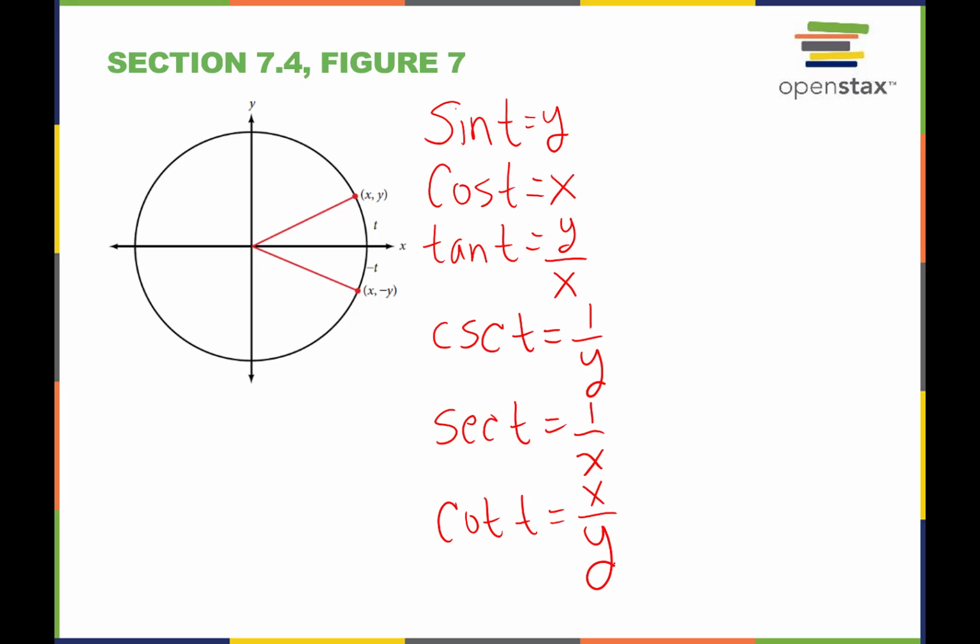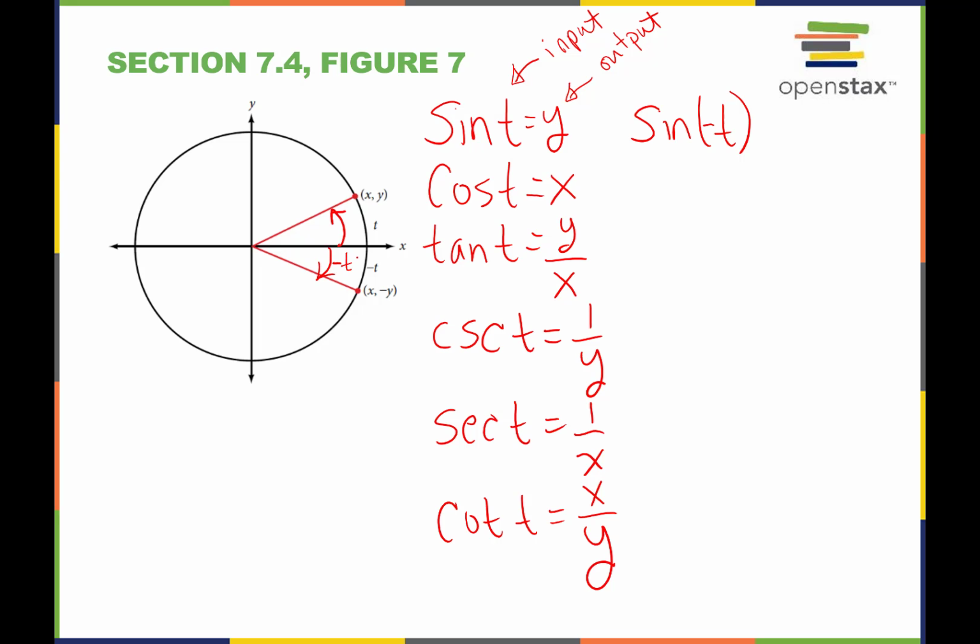If I switch the sign of my input, in this case our input is our angle because we're talking about trig functions, I want to see if my output switches signs. If this is +t, then going in the reverse direction would be -t.